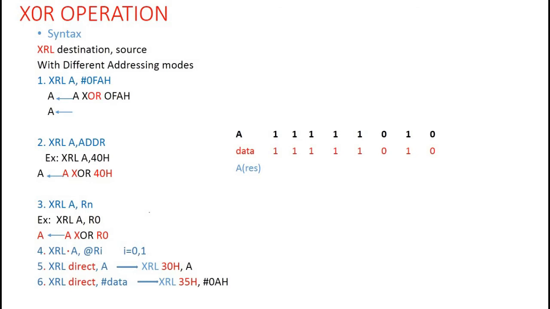Here the contents of accumulator and the data present in the pointer register, and next between the data present in the direct memory address and the accumulator.